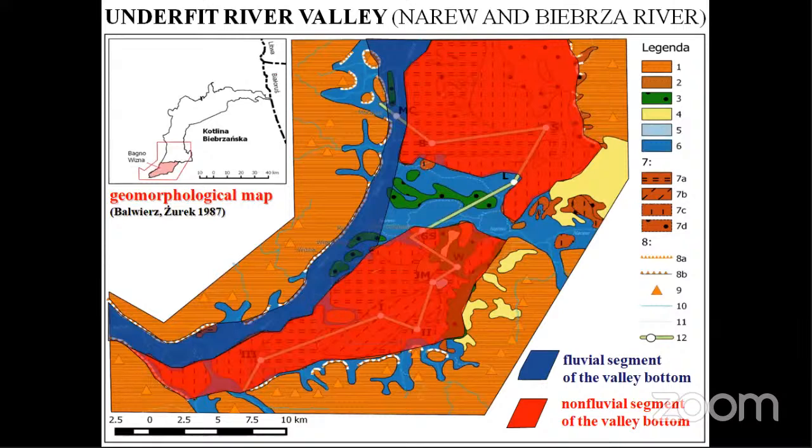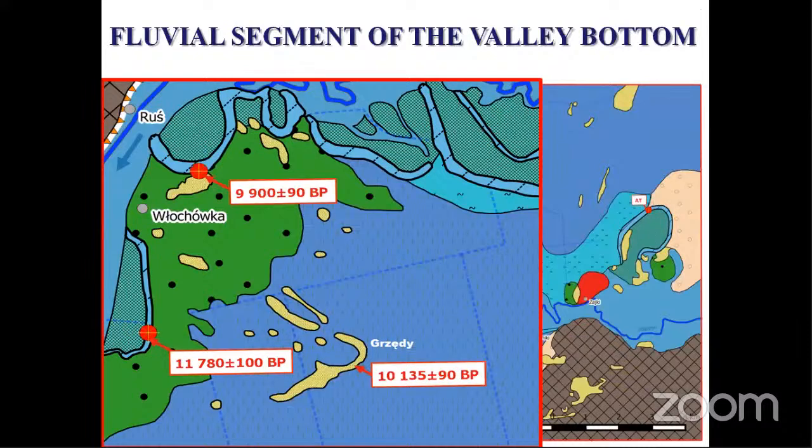Two generations of macromeanders were identified also in the underfit Narew Valley in its narrow fluvial segment. The older generation was dated at the late glacial, and the younger generation was dated at the Pleistocene-Holocene transition.